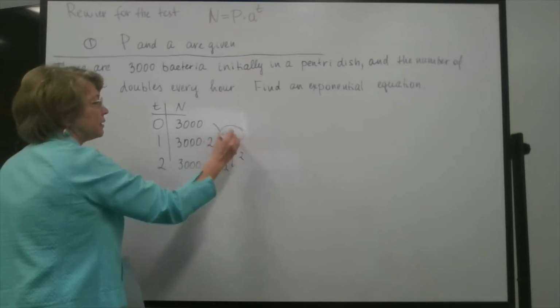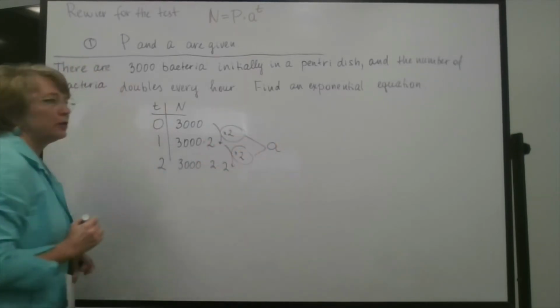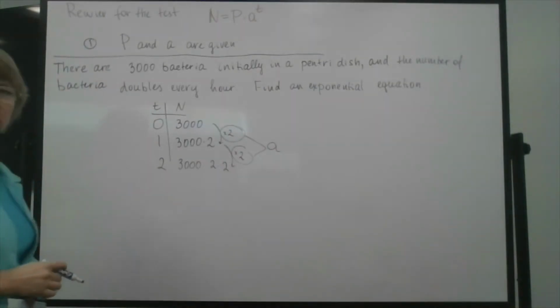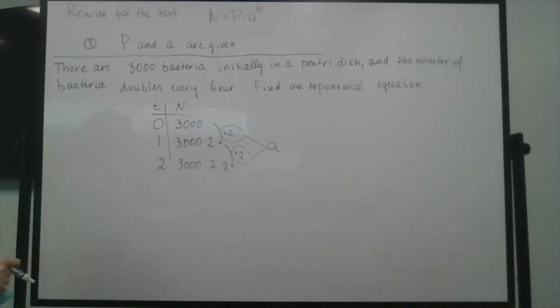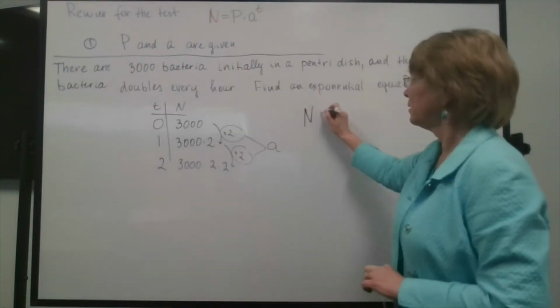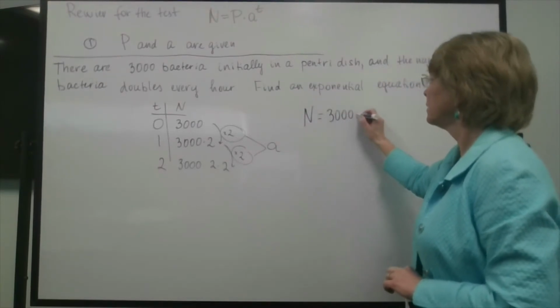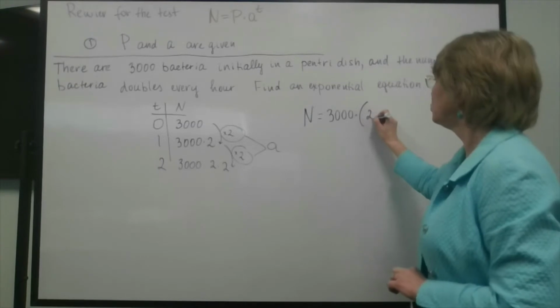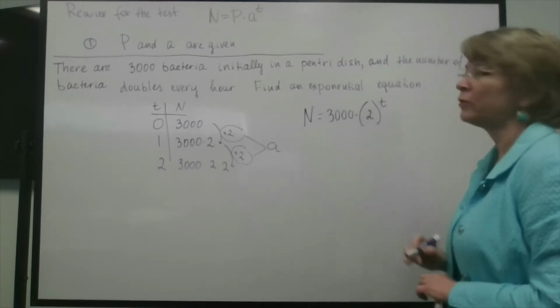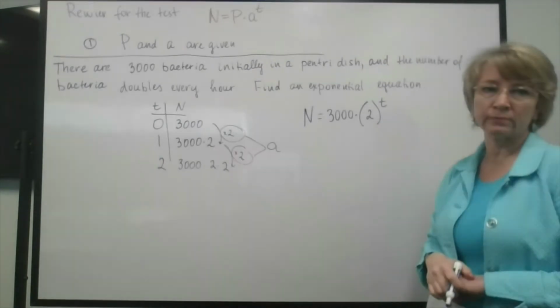And this is our factor, A. So A is given to us, initial value is given to us. We're ready to write the equation down. N is equal to 3,000 times 2 to the power T, where T is hours.